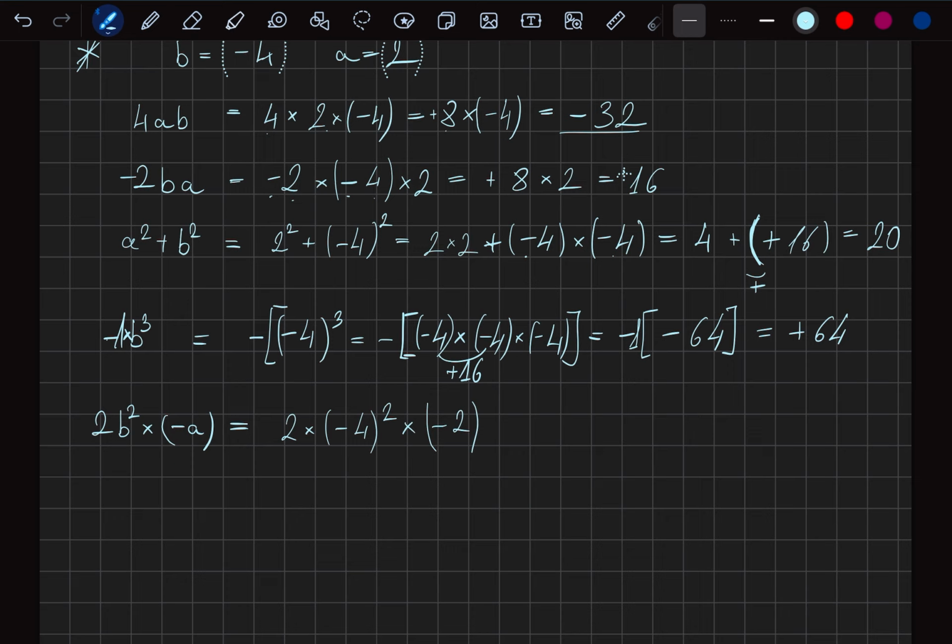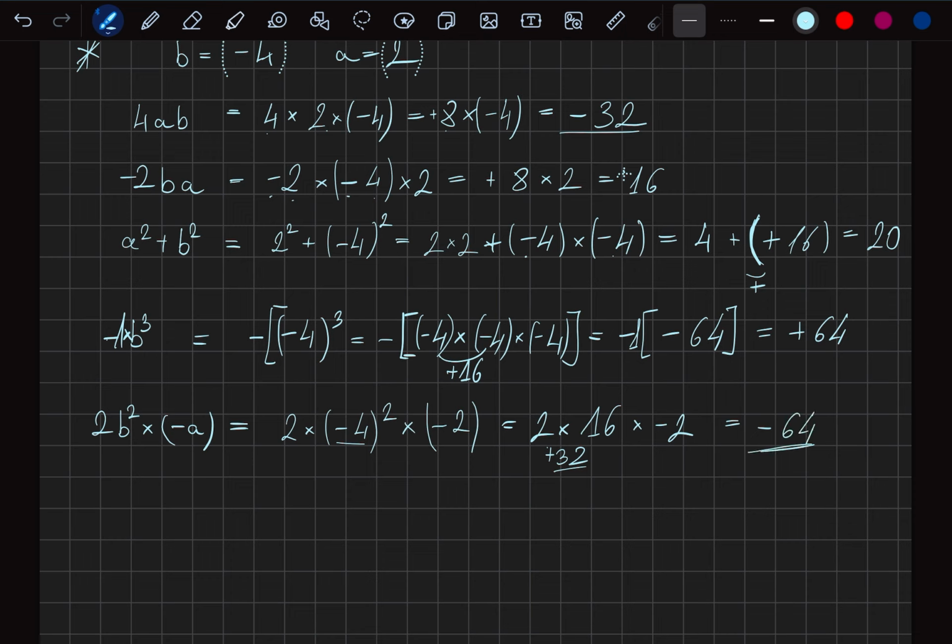So first the indexes, so 2 times minus 4 times minus 4, it's minus times minus, it's plus, times 4 times 4, it's 16, so it's just plus 16 times minus 2. 2 times 16, it's 32, times minus 2, it's plus, times minus, it's minus, 32 times 2, it's 64.